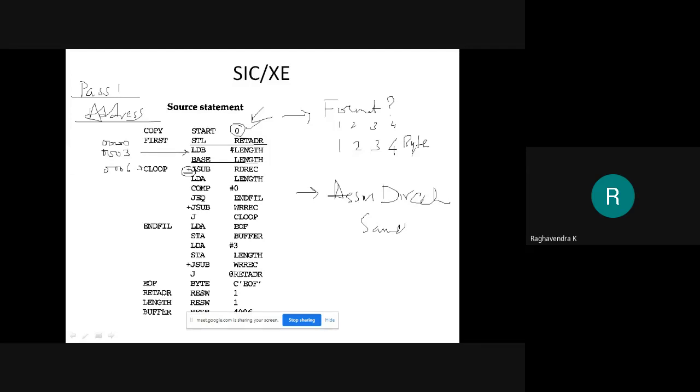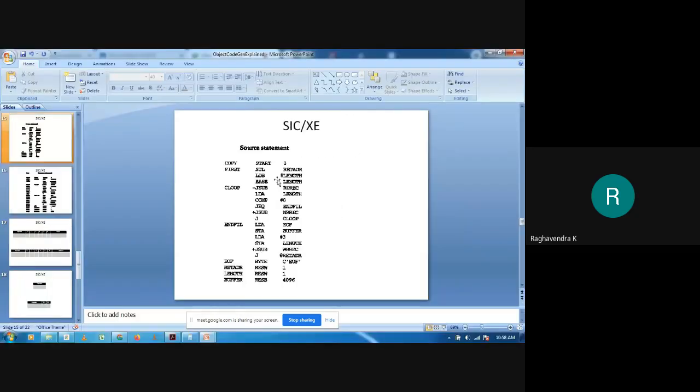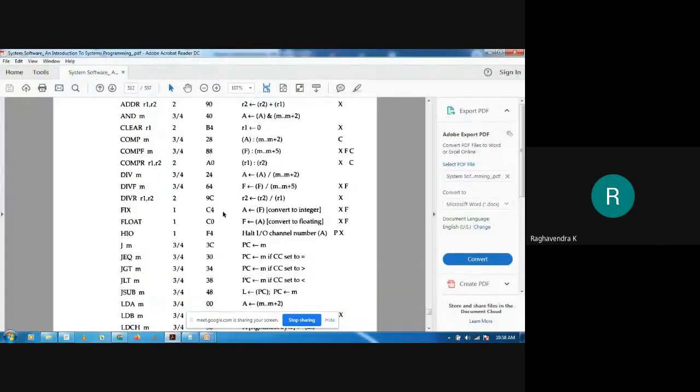If in the operand field we have registers, then it is a format 2. If we do not have any operands, then it is a format 1. Okay, I'll show you. First let me assign the address. Okay, no, it's not possible. Right, I hope you're able to see this.